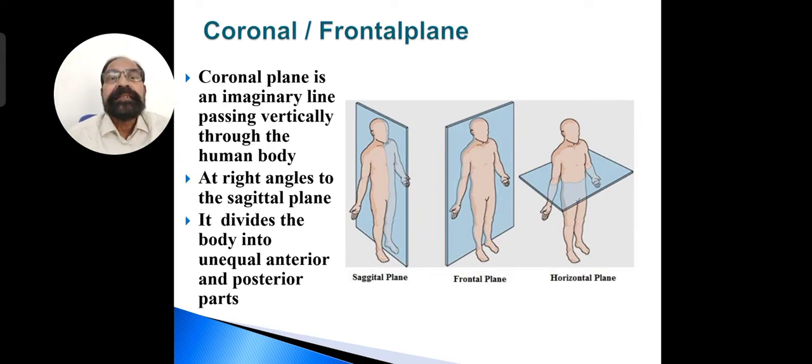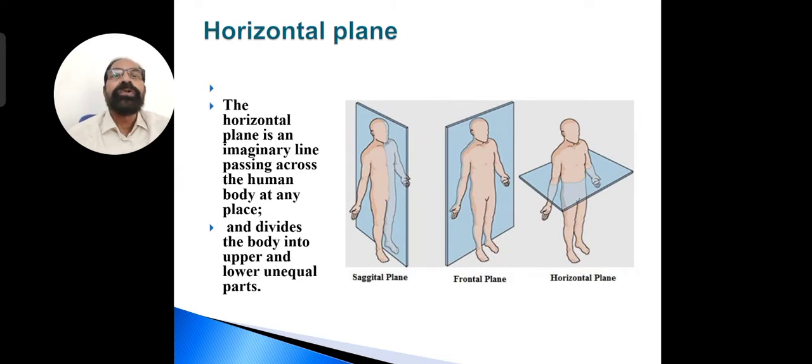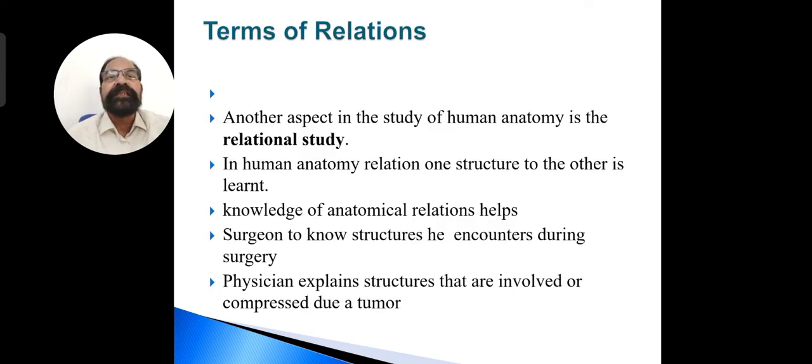The coronal plane is an imaginary line passing vertically through the human body at right angles to the sagittal plane, and it divides the body into unequal anterior and posterior parts. Then we go to the horizontal plane. The horizontal plane is an imaginary line passing across the human body at any place and divides the body into upper and lower unequal parts. So these are the planes.